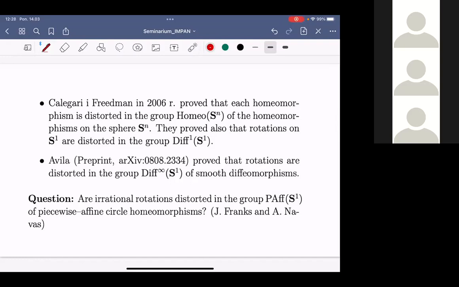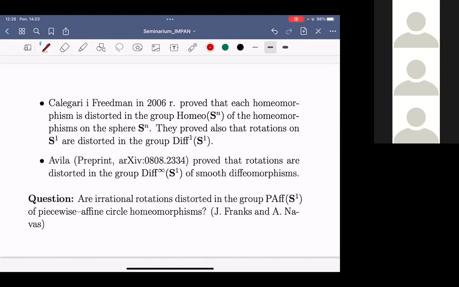And having defined this homeomorphism, he was able to decode from this one homeomorphism, using very advanced results from the theory of conjugacy of such homeomorphisms or diffeomorphisms, and prove that all rotations are distorted.